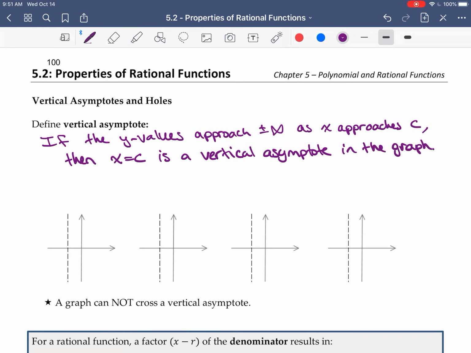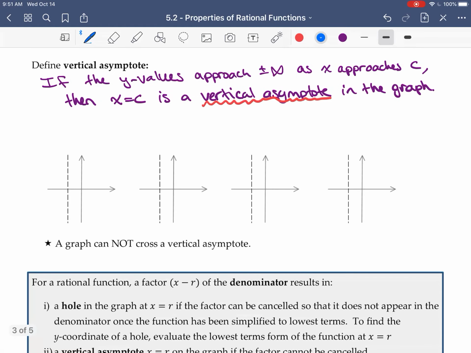Okay, so that's how we know. So the y values get really, really big. So these are the vertical lines, x equals c for some c.